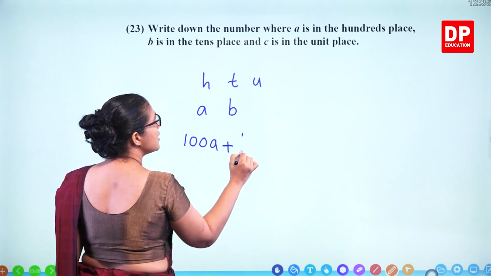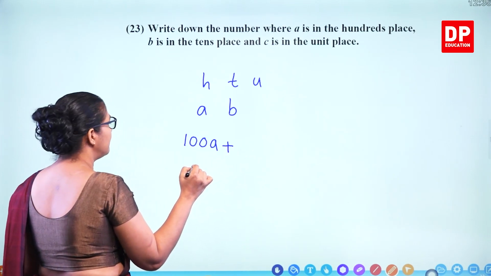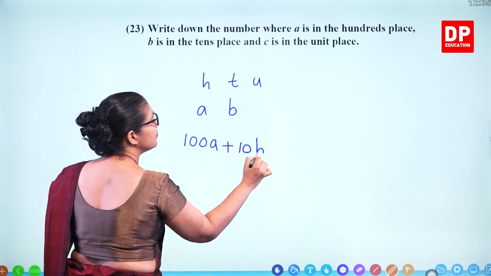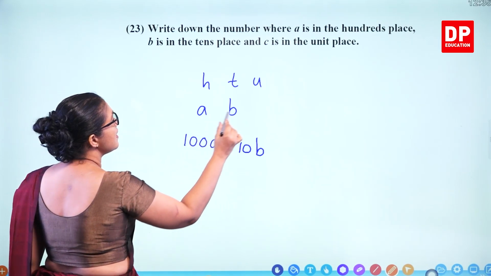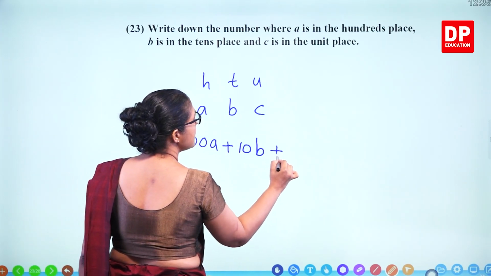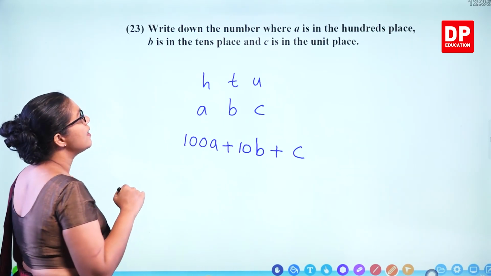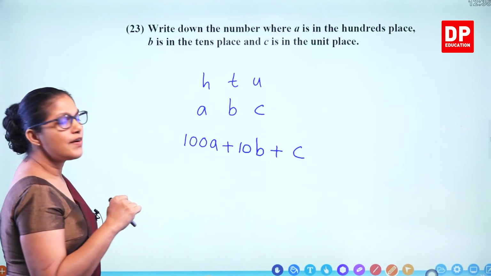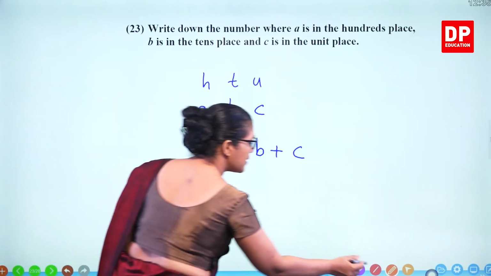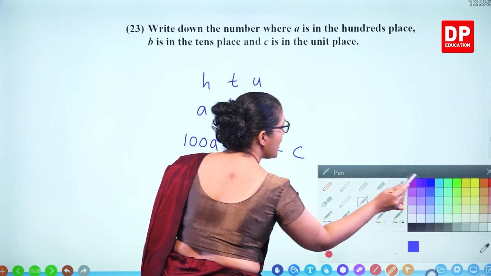B times 10, so 10B. And C is in the units place, so adding C. So this is the number: 100A plus 10B plus C. So you get 2 marks for that.